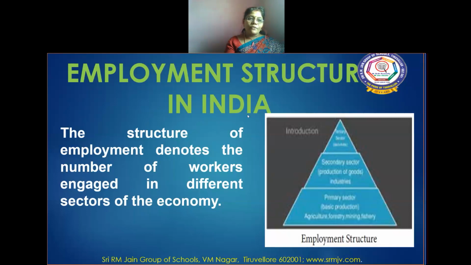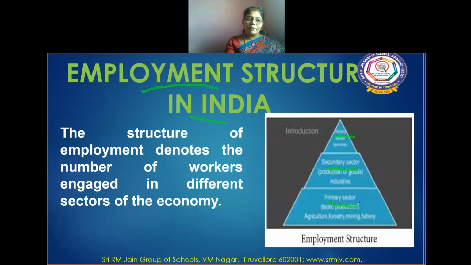The nature of employment in India is multidimensional. Some get employment throughout the year, and some others get employed only for a few months on a short term basis. So the employment structure in our country is divided into three: tertiary sector, secondary sector and primary sector.